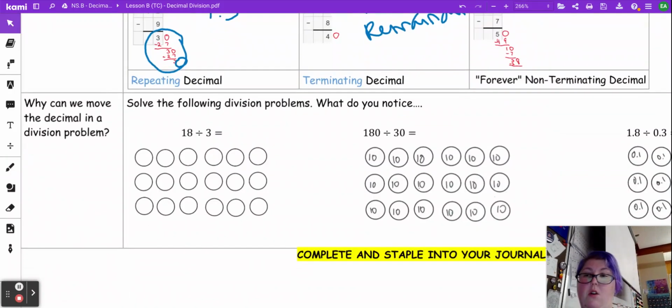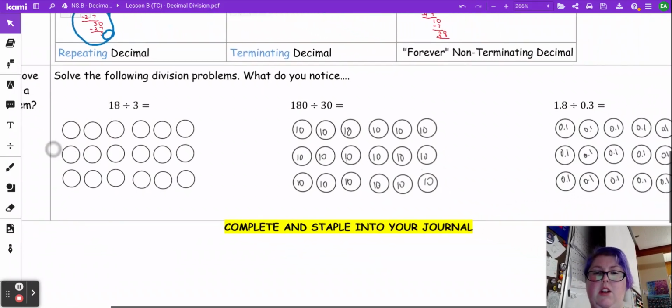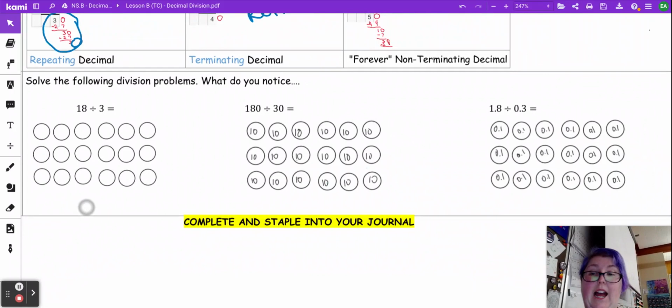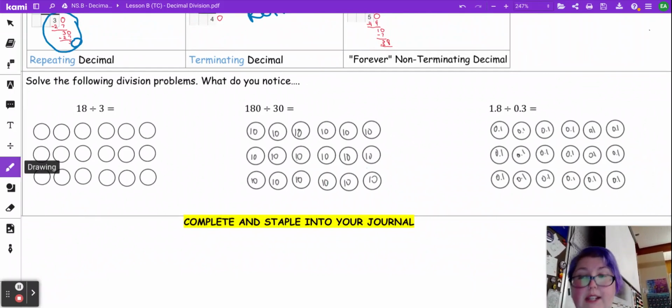All right, so why can we move the decimal in a division problem? Here are 3 different problems. However, they all have the same numbers, they just have different place values. So in 18 divided by 3, you have the same number of those circles as 180 divided by 30 and 1.8 divided by 3.